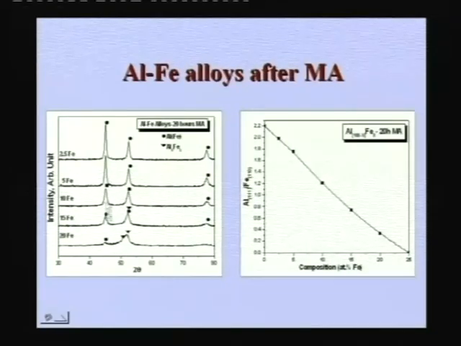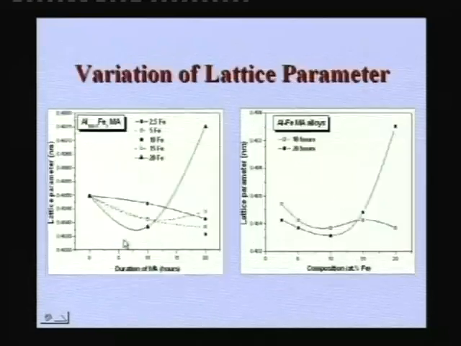So here basically you have a kind of a nanocomposite, and from the peak broadening one can clearly see that you have a very fine crystallite size, and one can calculate the lattice parameters of all these, and then show that if you take the aluminum 20% iron, there is a lattice parameter increase as a function of milling time.